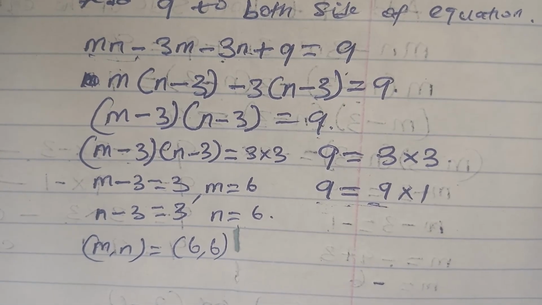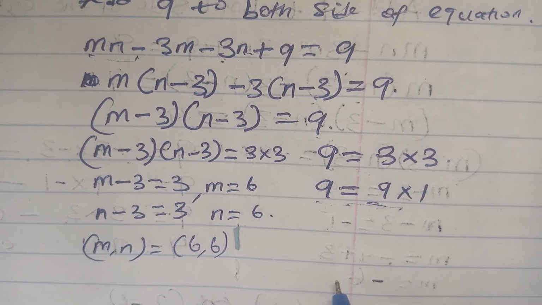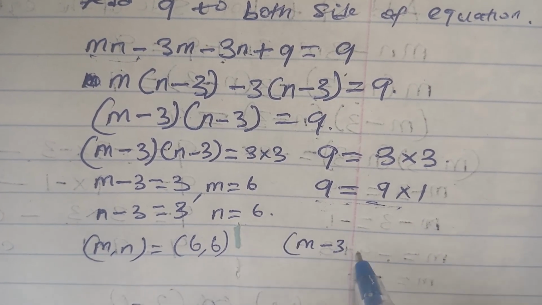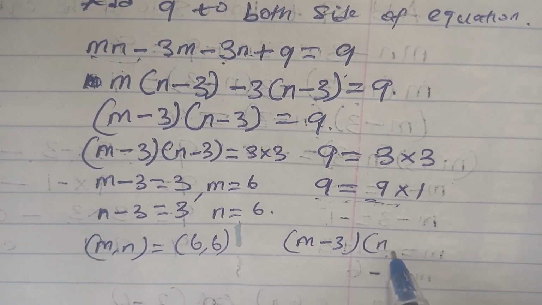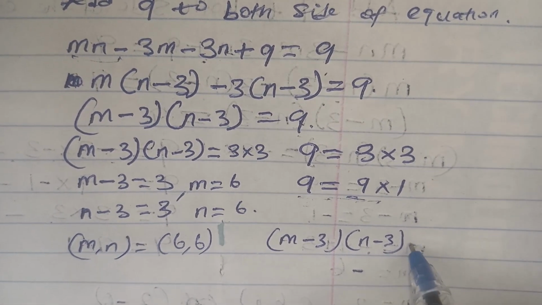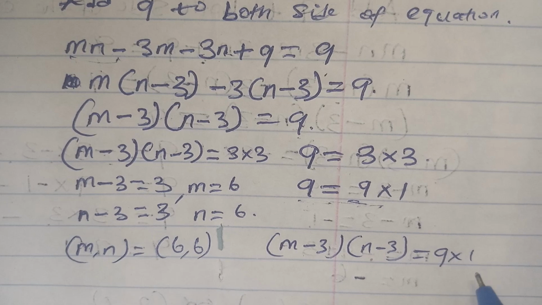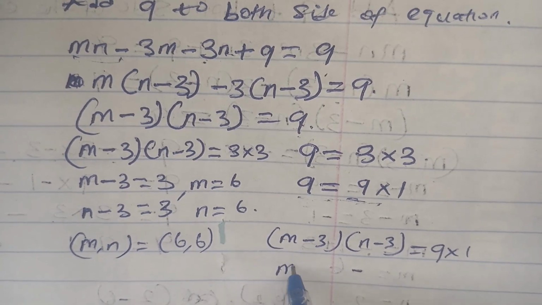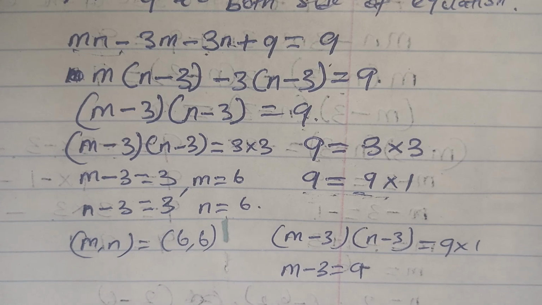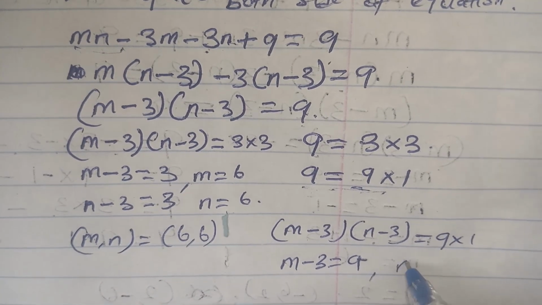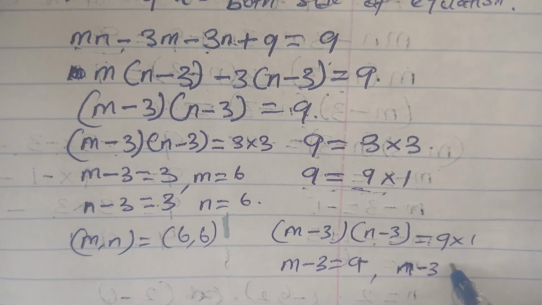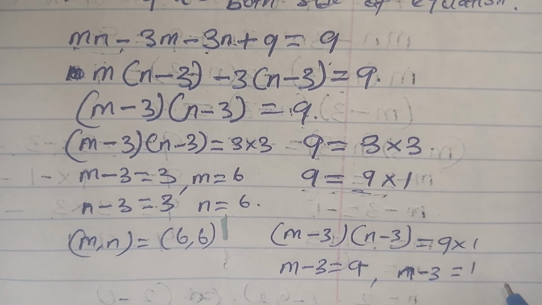Okay, looking at this second multiple, 9 times 1, we can say m minus 3 times n minus 3 is equal to 9 times 1. So from here we can say m minus 3 is equal to 9, and n minus 3 is equal to 1.